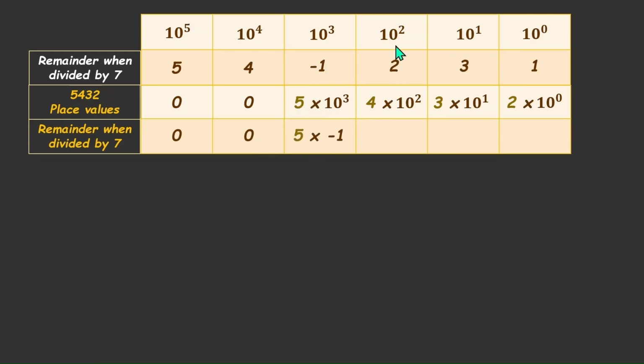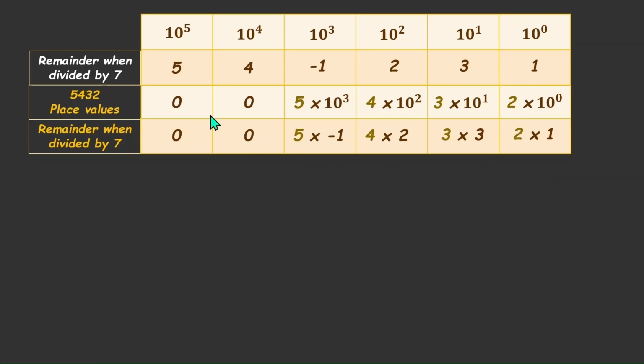Similarly, since the remainder when 100 is divided by 7 is 2, the remainder when 400 is divided by 7 would be 4 into 2. Similarly here it would be 3 into 3, and the place value here is 2. So the remainder when 2 is divided by 7 would be 2 into 1.